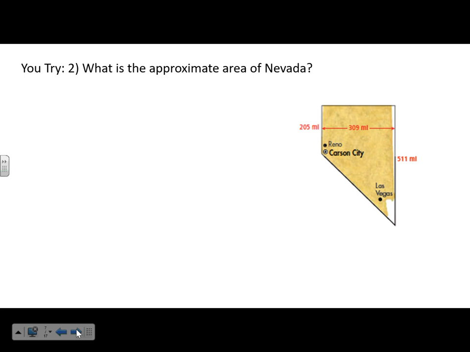What's the approximate area of Nevada? So this one, the bases are this base and this base. This trapezoid is kind of pointing up and down, which means this 309 is the height. That doesn't make any difference. 1/2 times 309 times base 1 plus base 2. We're not multiplying those. So 205 plus 511 is 716.